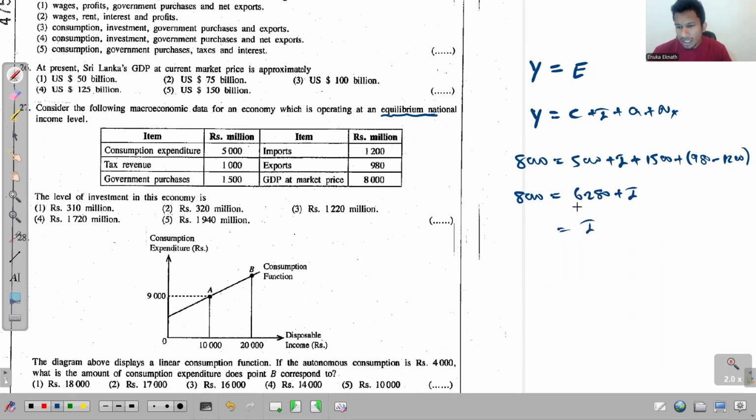So the value of investment will be equal to simply 8,000 minus 6,280. So the value of investments will be just 1,720 million, right? 1,720 million. So the answer for this question will be the fourth one.